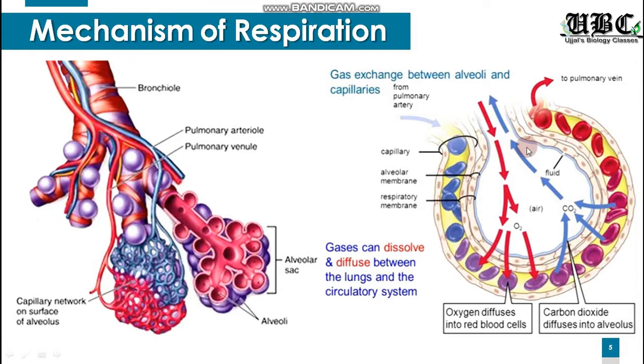So as a result, oxygen is now inhaled and the amount of oxygen is much higher inside the alveolus. So diffusion takes place. Oxygen from a region of higher concentration easily diffuses to a region of lower concentration.